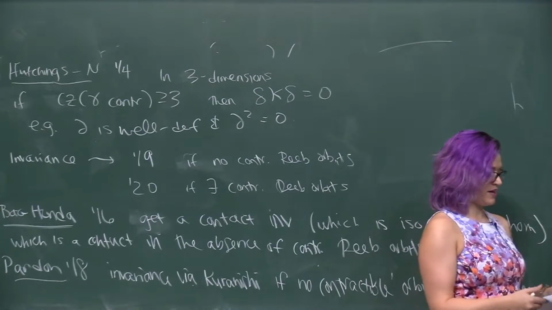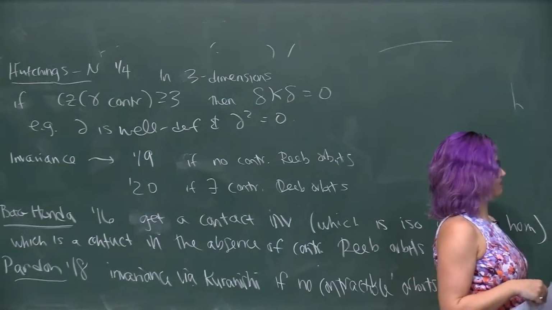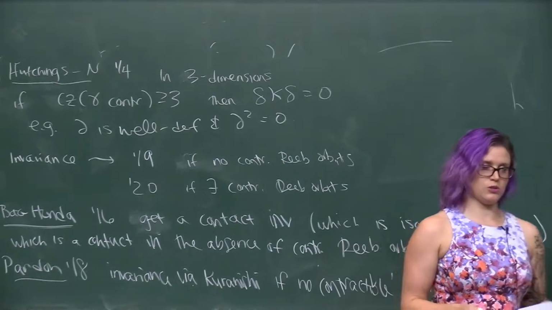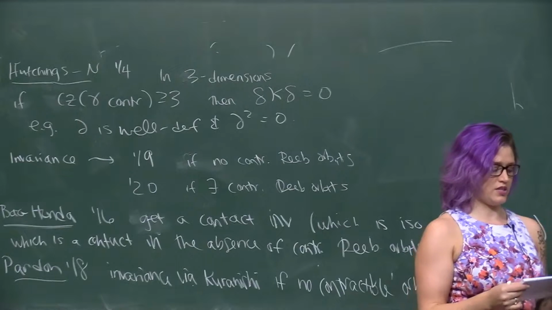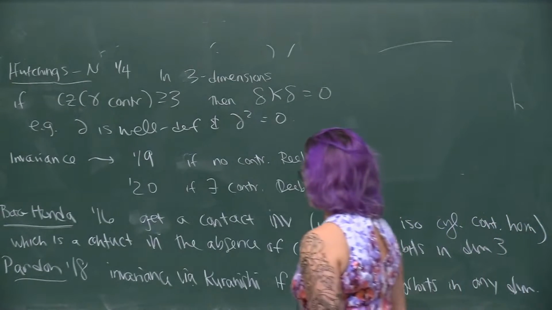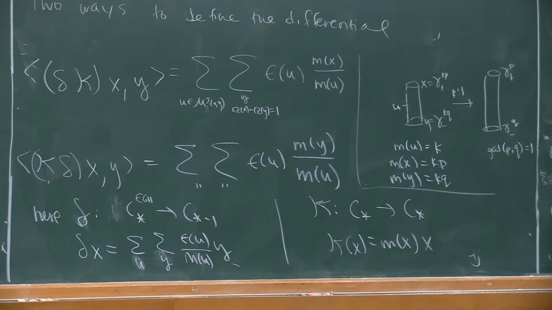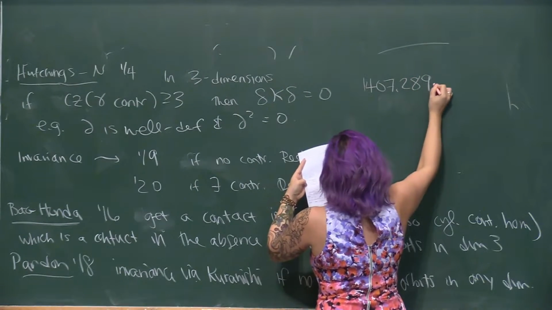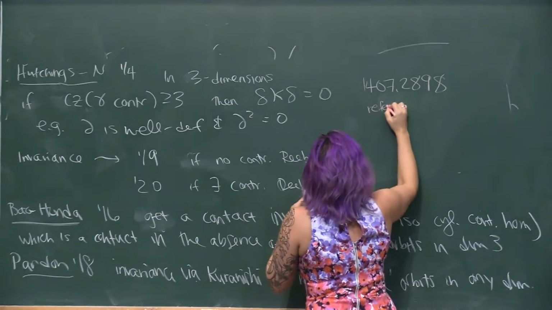So I'll do that, and then after that I'll tell you a little bit about some of the compactness and transversality issues. If you want a reference for what I'll do for the rest of the time, this is the 2014 paper by Michael and I, arXiv 1407.2898.